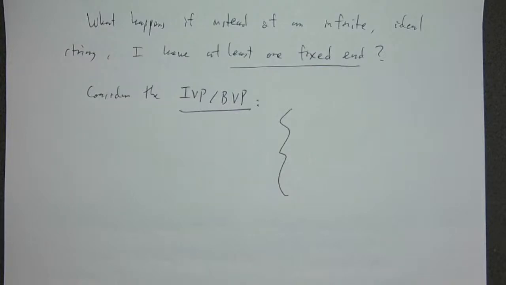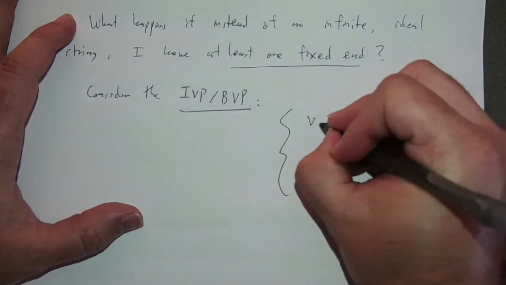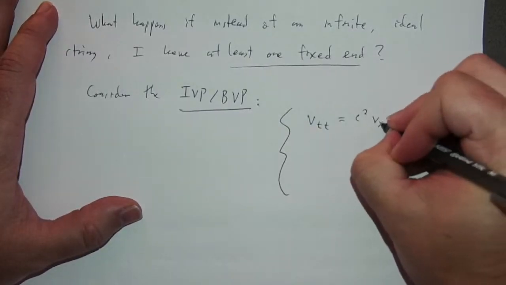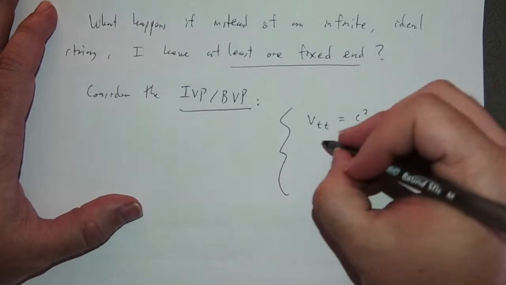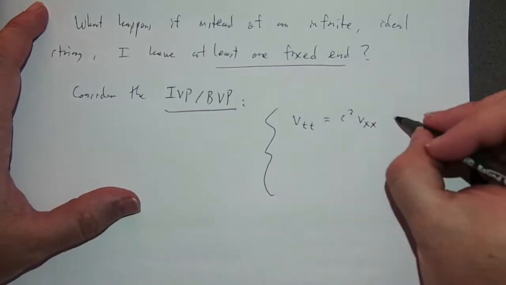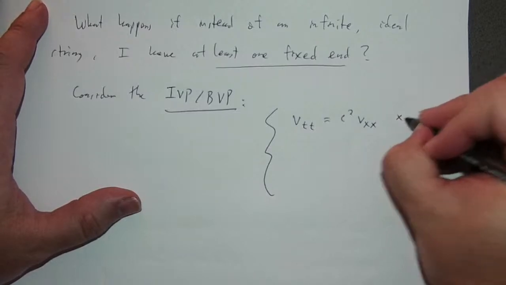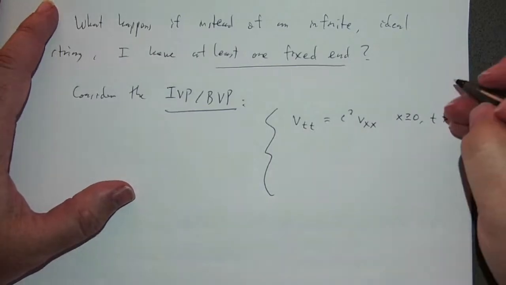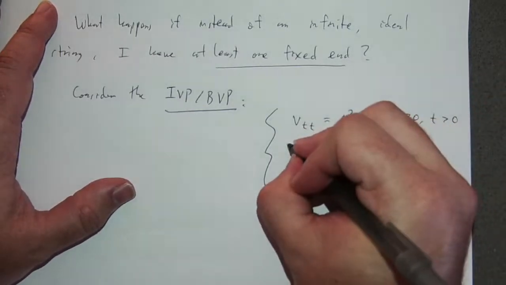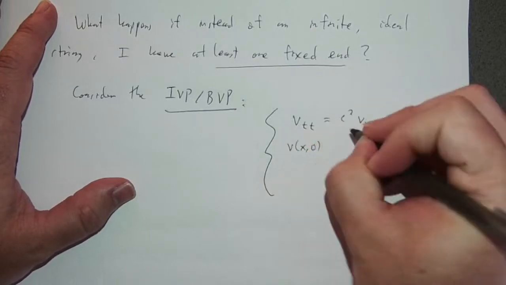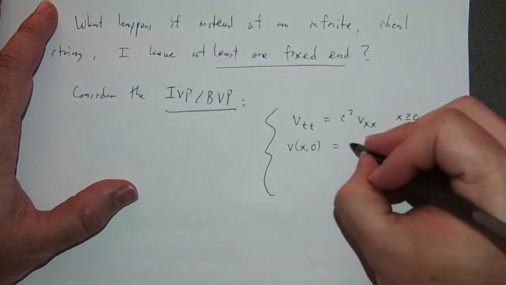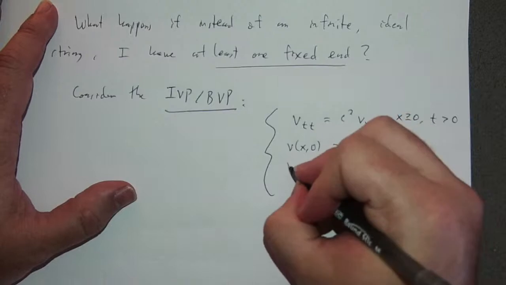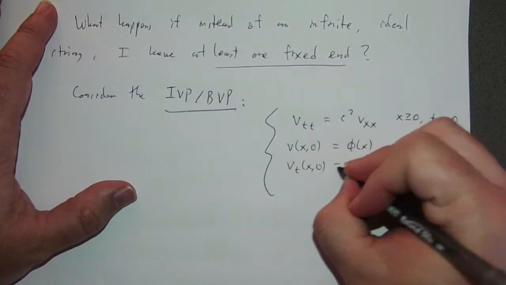Let's say that we have v sub tt is equal to c squared v sub xx with our typical, and this is going to be for, instead of x in all the reals now, x non-negative, for t positive. Okay, so v of x, 0 is my initial displacement, my usual displacement function phi of x. The initial velocity is c of x.